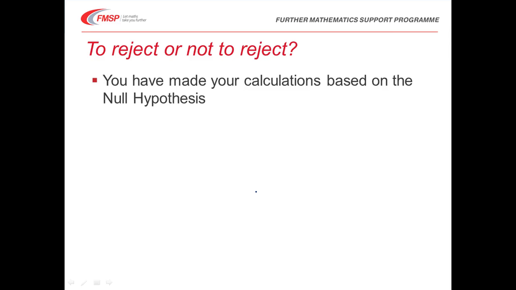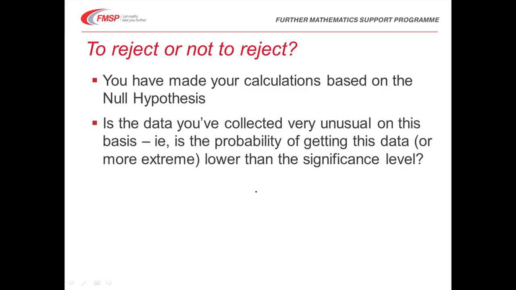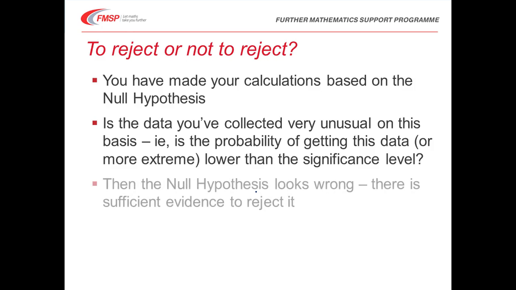You've made your calculations based on the null hypothesis. If the data that you've collected has a very low probability given the null hypothesis, it's very unusual, then that would suggest that the null hypothesis looks wrong, and that means that you've got sufficient evidence to reject it.